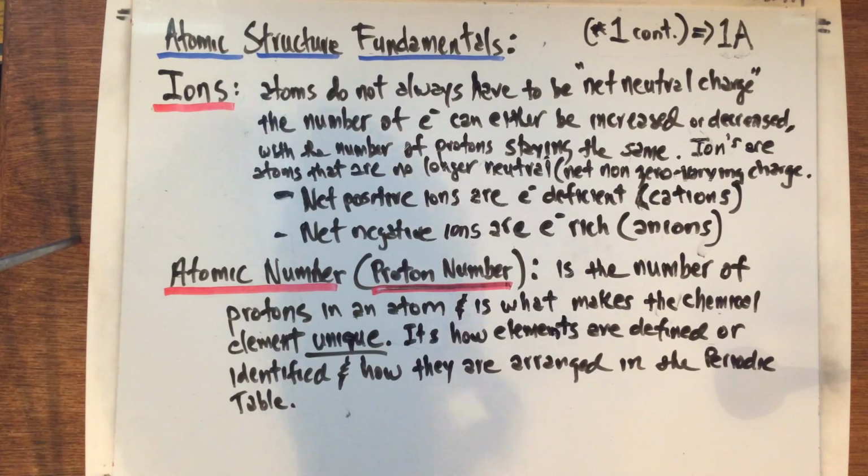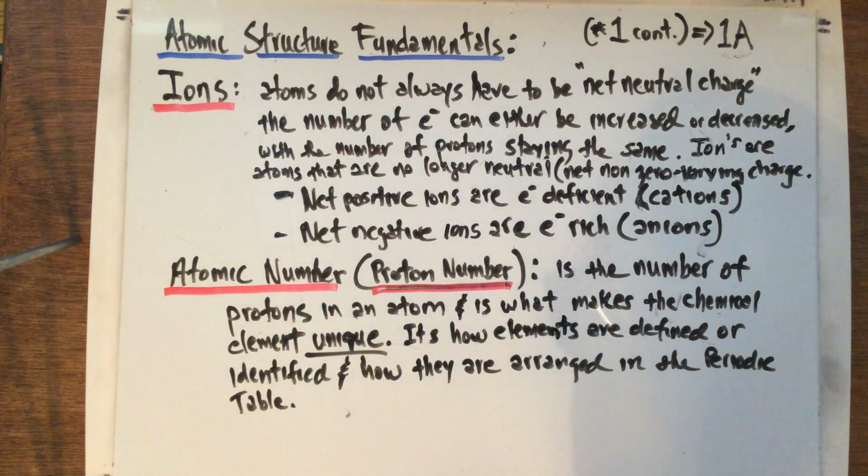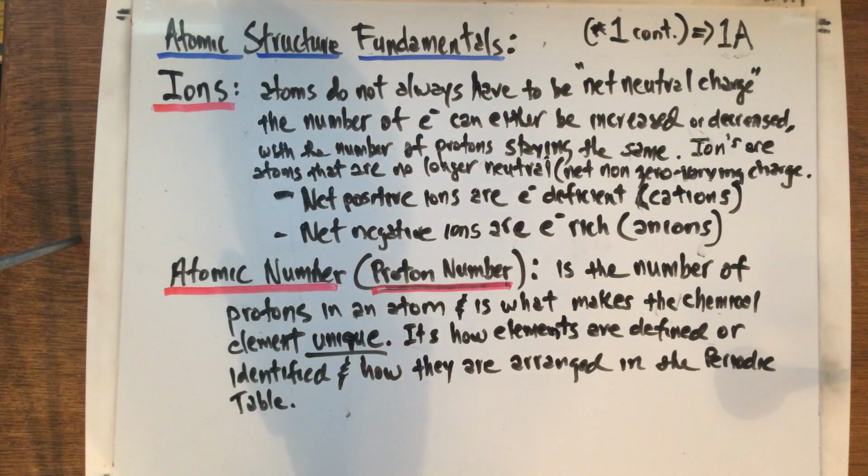The number of electrons can either be increased or decreased, and of course, the number of protons stays the same because that's basically the identifier of that element. But ions are atoms that are no longer neutral. In other words, net non-zero. They have a varying charge.